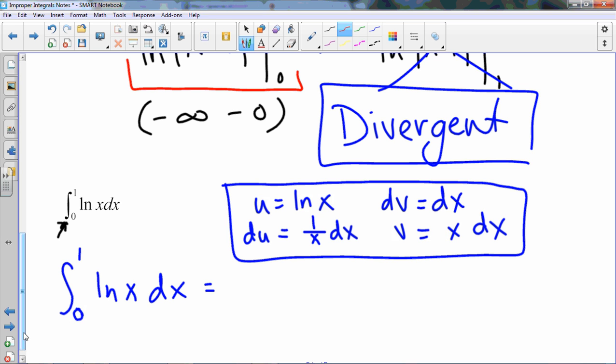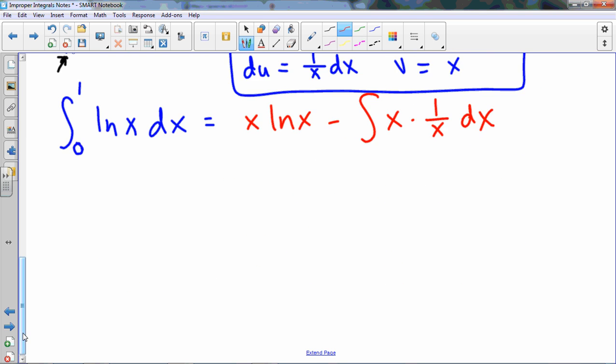So uv is x ln x minus the integral of v du. So that's going to be x times 1 over x dx. Simplify that a little bit.